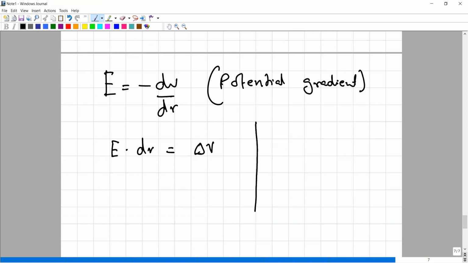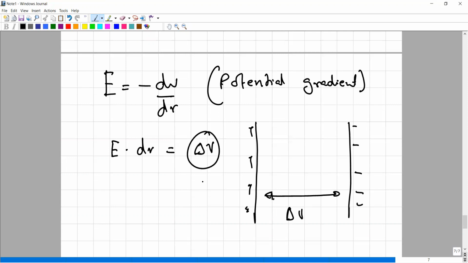In our case, one of the plates is positively charged and the other is negatively charged, and I want to know the potential difference between the plates. I can simply find it by multiplying the electric field with the distance between the positive and the negative plate.